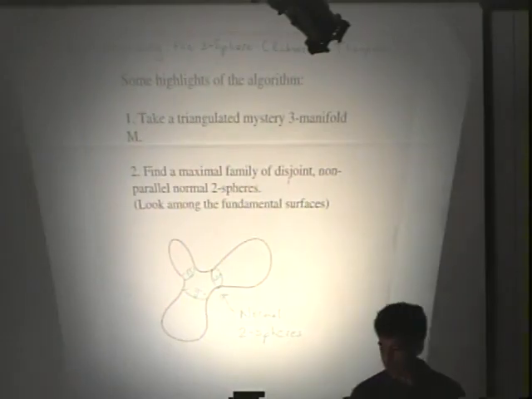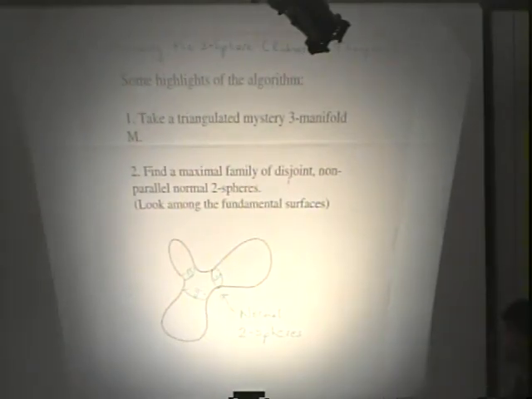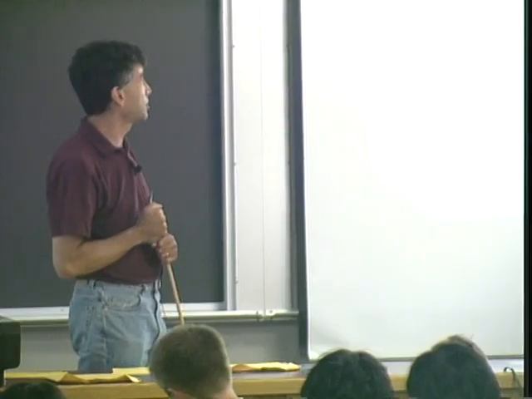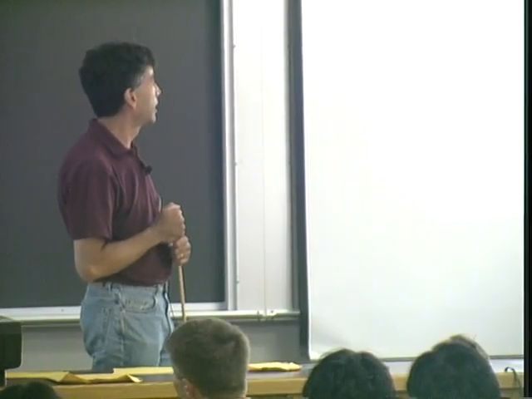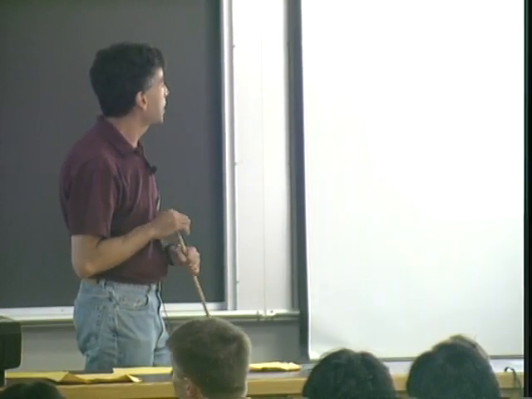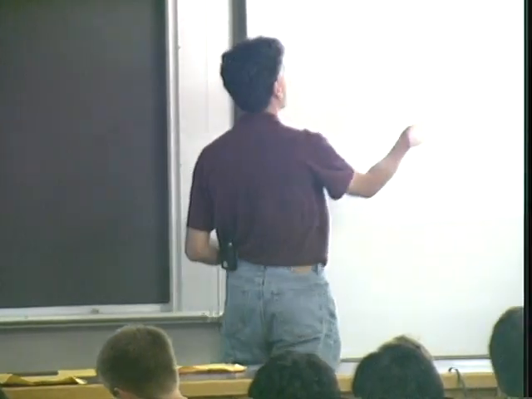So now let's go through some of the highlights of the recognition algorithm. You first find the maximal family of normal 2-spheres. Then you want to check whether the complementary pieces are balls. So there are two types of complementary pieces. Some have more than one boundary component and some have only one boundary component. It turns out that the pieces with more than one boundary component are always balls with some holes removed.